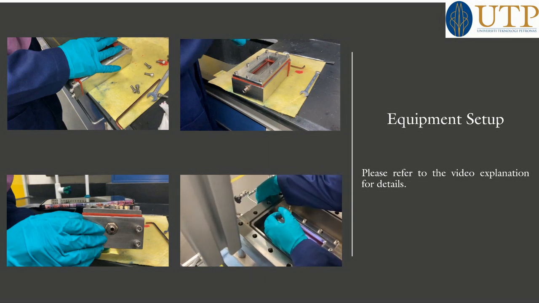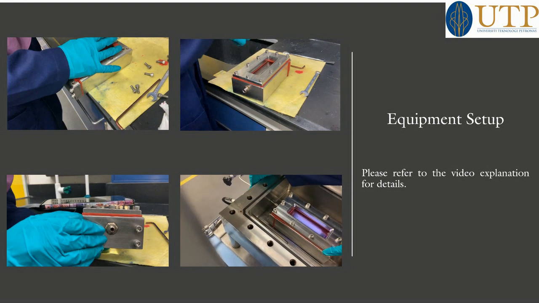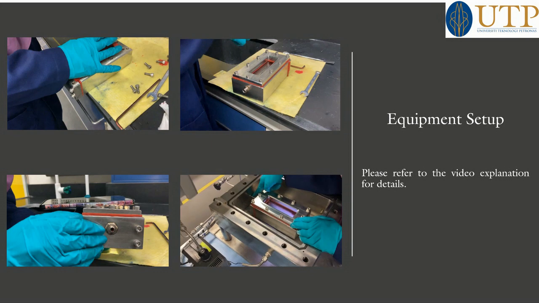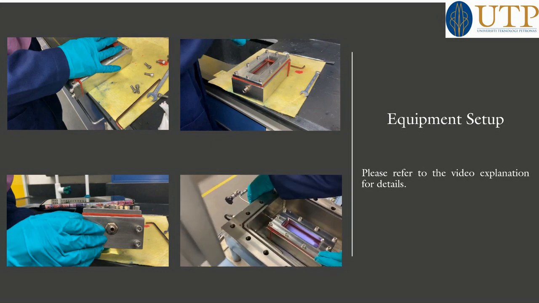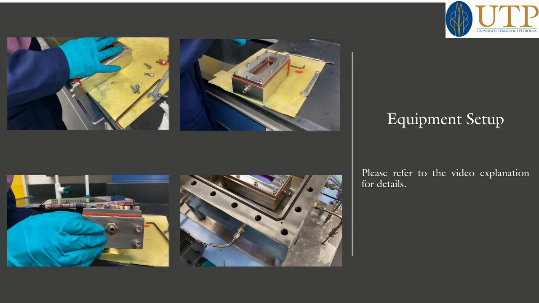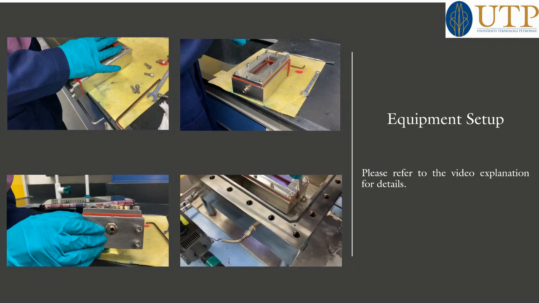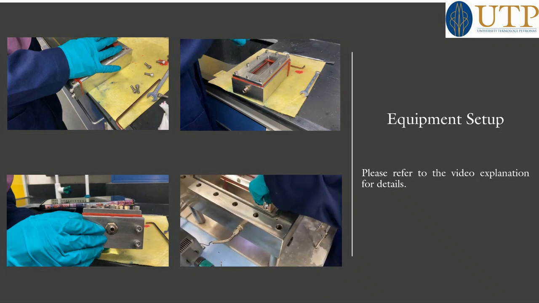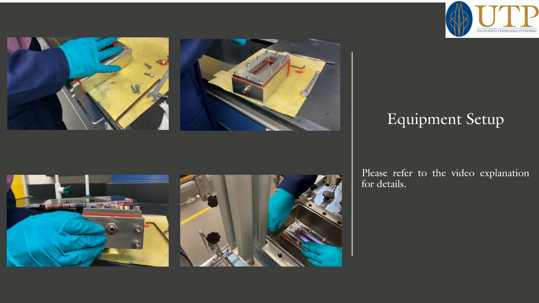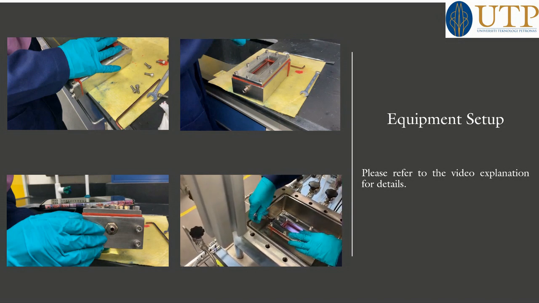If you don't close this one, then at the time of leakage detection, if you fill this one with water, the water will leak from this side. So close this one also. Now tighten this one first. The second one is this one. So tighten it.